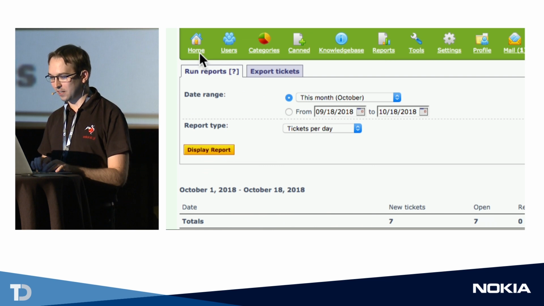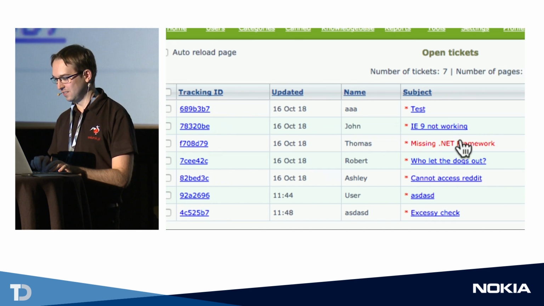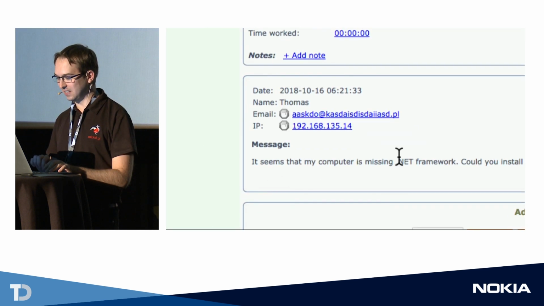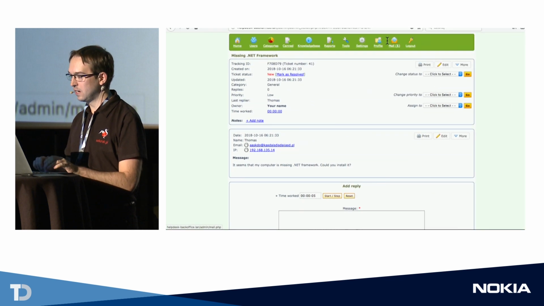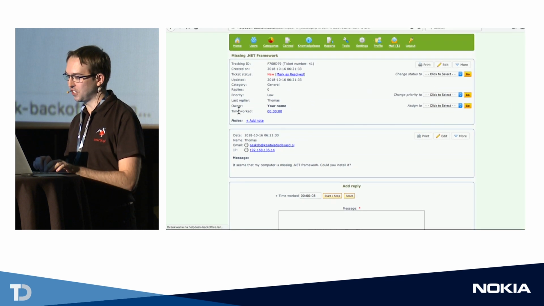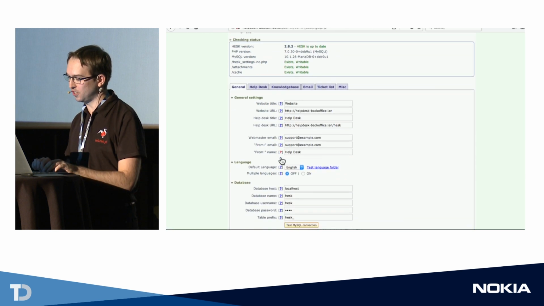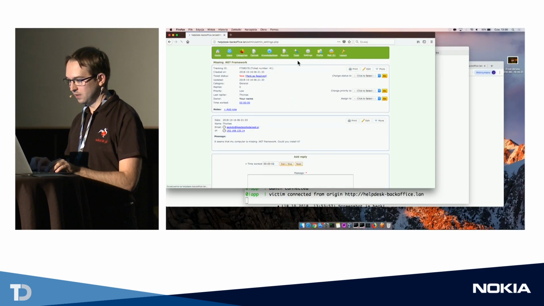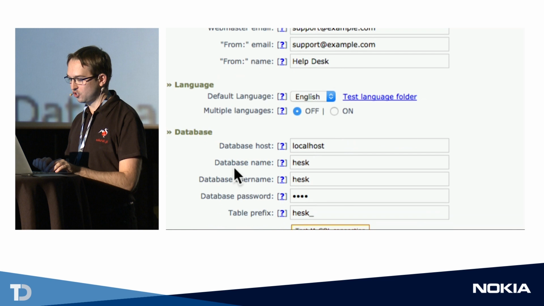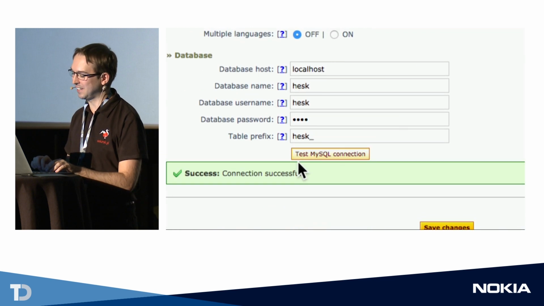This is probably the most amazing feature which you can do with XSS, because you can just normally interact with the page. I can go to the home page, I can see the subjects of other tickets, for instance, that my computer is missing .NET Framework, whatever I want. It appears that I am an administrator over here, which means that I am able to do some interesting configuration. For instance, I can change the credentials and data for the MySQL database.